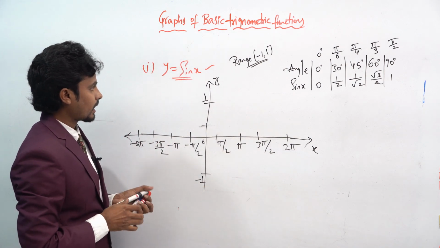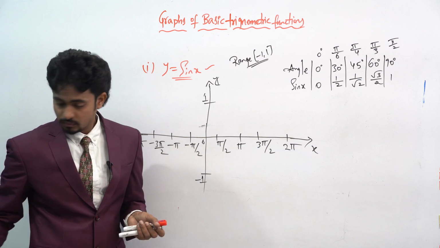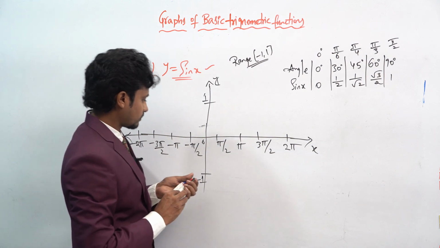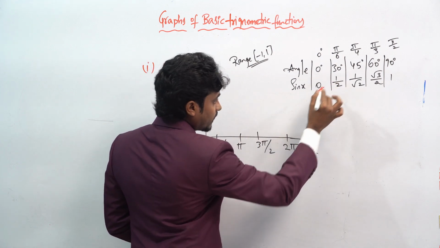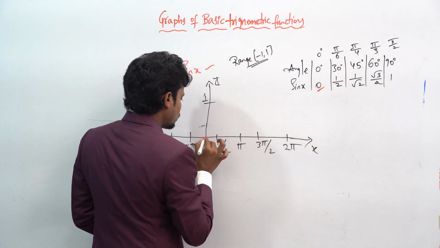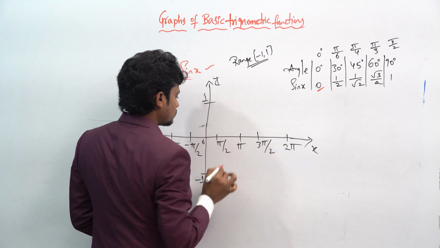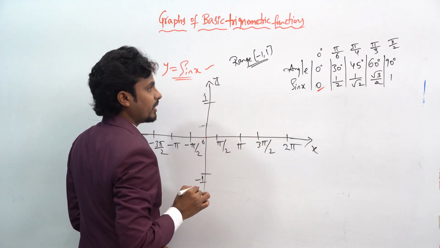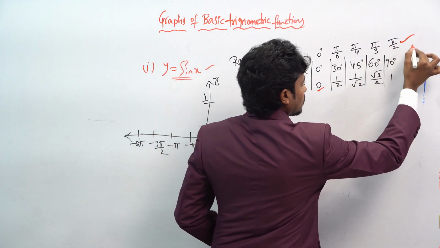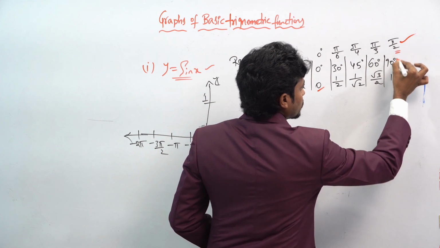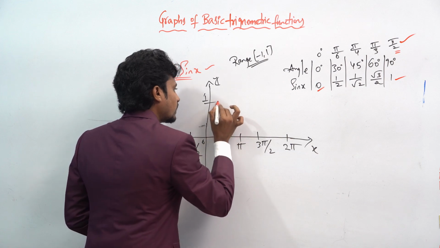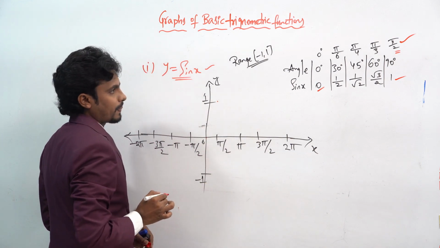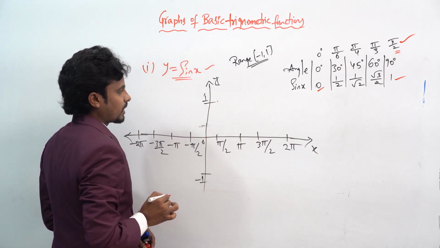Okay, now what we have to do here, you can observe at 0 what you will get, you will get 0. Okay, at pi by 2, how much you will get? Pi by 2 means 90 degrees. How much you will get? You will get 1.